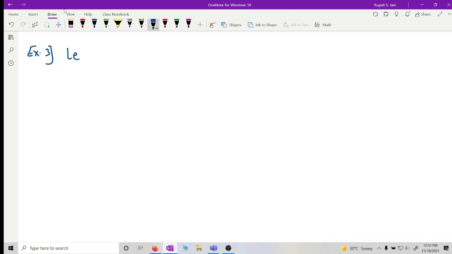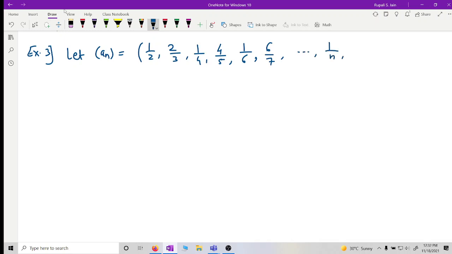Let xn be equal to 1 by 2, 2 by 3, 1 by 4, 4 by 5, 1 by 6, 6 by 7. So this is 1 by n, comma, n upon n plus 1. Okay, this is the sequence.